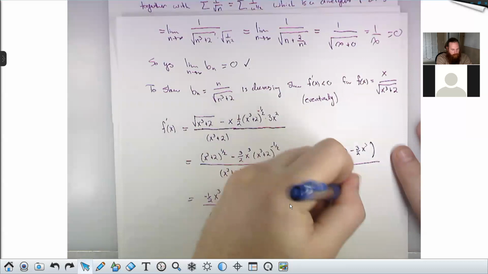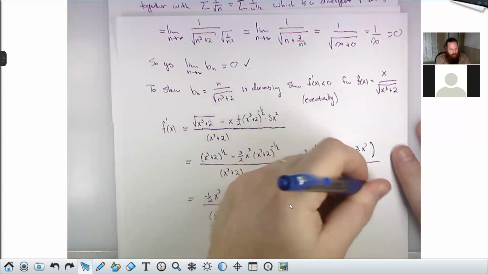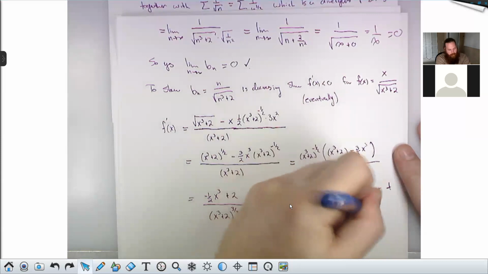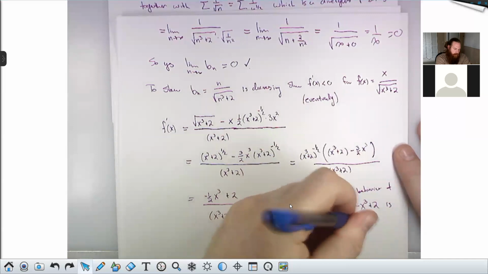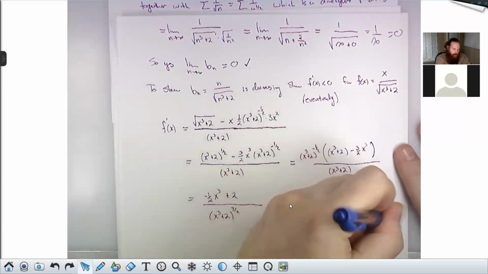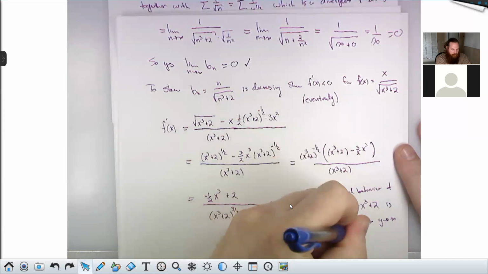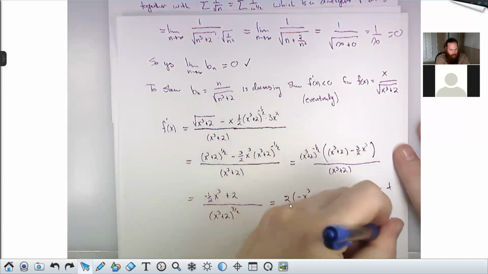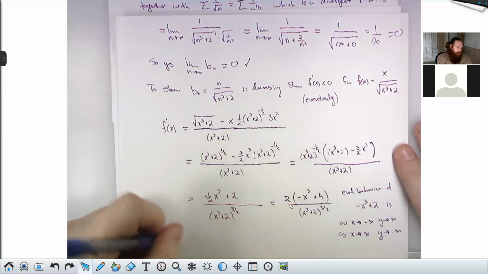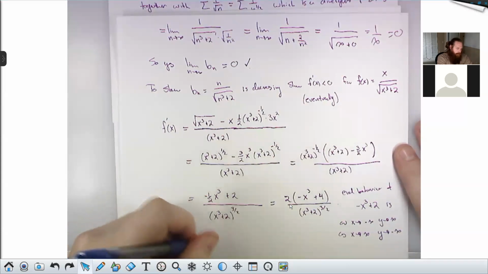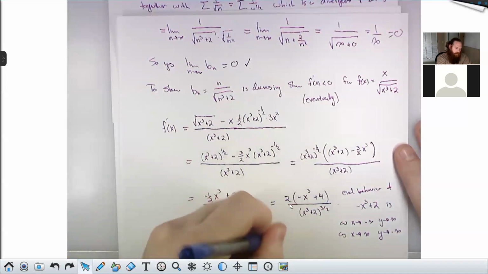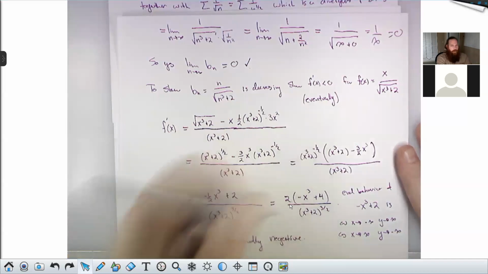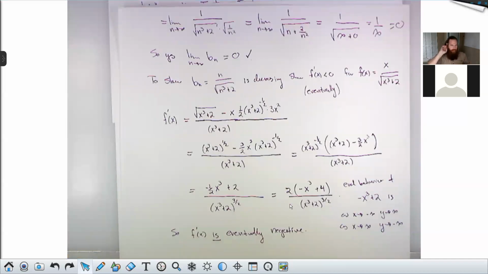So the end behavior of negative x³+2 is as x goes to negative infinity, y goes to positive infinity, and as x goes to positive infinity, y goes to negative infinity. So f prime of x is eventually negative. Right? All the things that you learned in Calc 1 are relevant. End behavior, factoring, derivatives, limits, all that stuff.